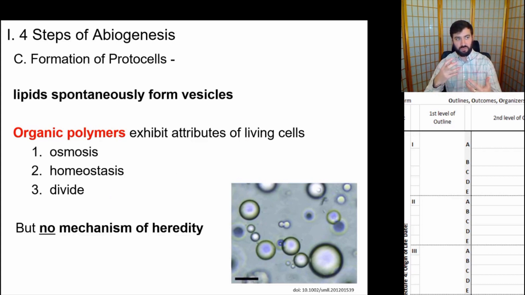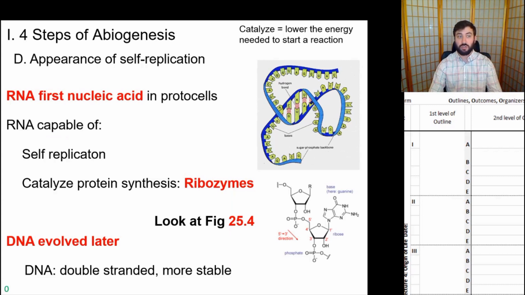They're able to do things similar to living organisms: osmosis, homeostasis, and division. And then finally, we had self-replication or heredity. So we had RNA, which served a bunch of different functions, including catalyzing reactions and passing on genetic information, and then eventually DNA. So now we have all the basic building blocks of life. There it is, done. Now we have, theoretically, living organisms.